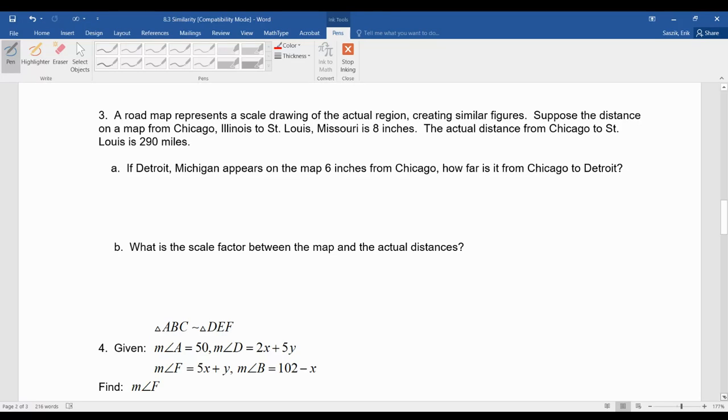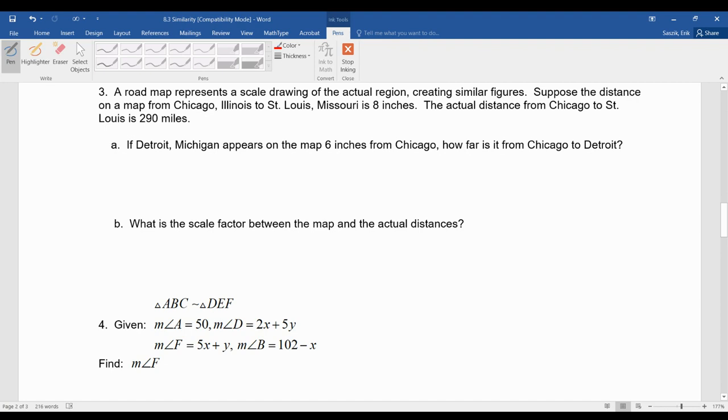Here, this is a map problem. This is kind of a typical problem. It's all about consistency. I'm going to put the map measurements on the top and the actual measurements on the bottom. So it says here, suppose the distance on the map from St. Louis, Missouri is 8 inches, and the actual distance is 290.